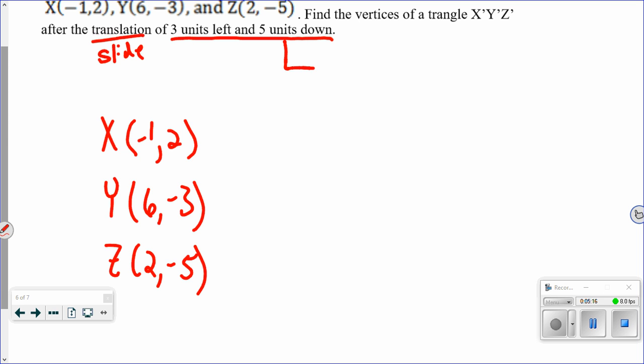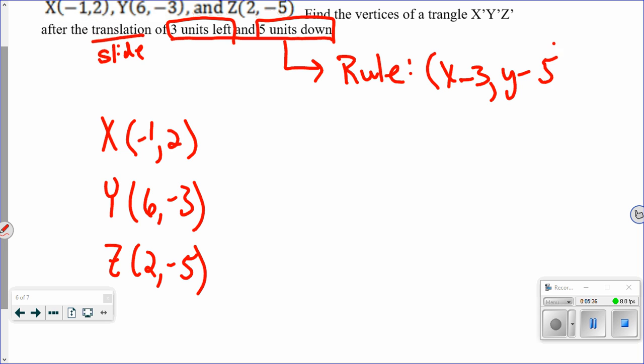This is the description, and let's change this into a rule. 3 left makes this x minus 3. 5 units down is again a negative number, so this will be y minus 5.